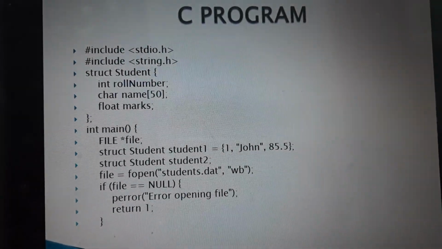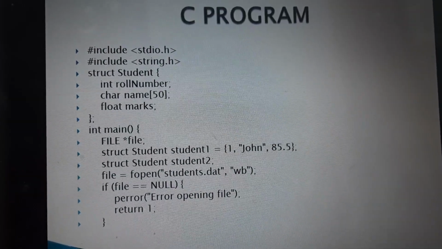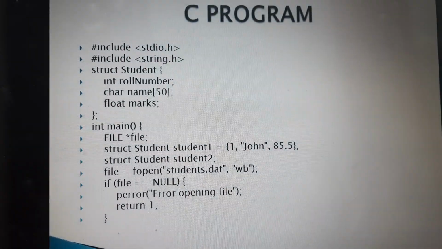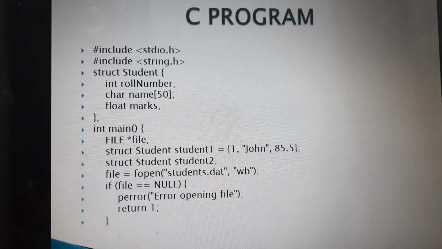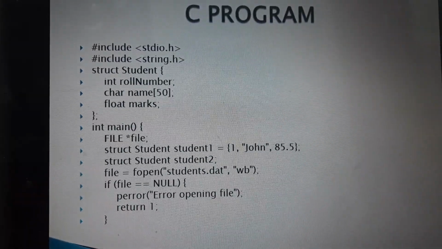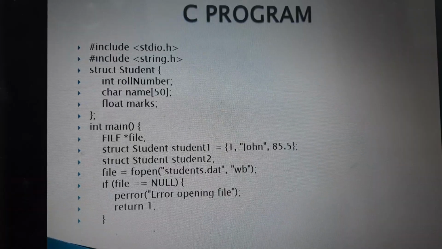This is called an object. The object has been created. So this object has been created and I have given the input for all the data types that have been declared here.